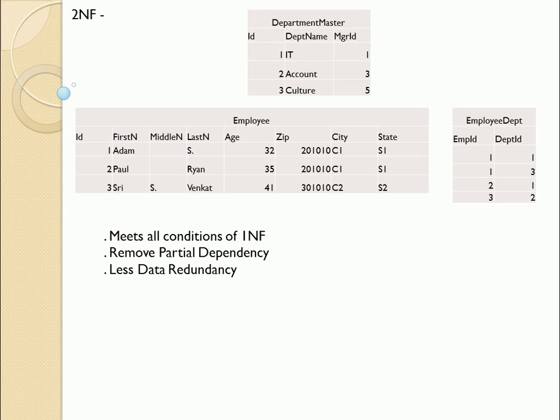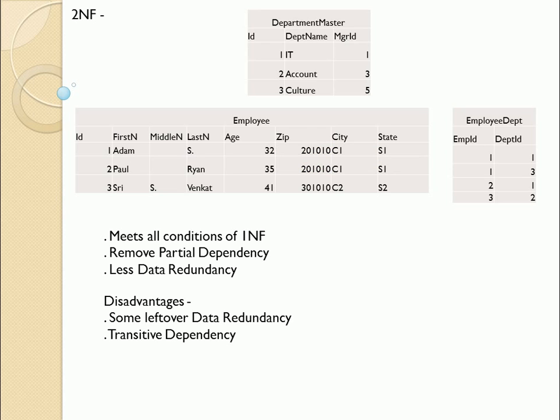However, we have some leftover data redundancy. As you can see, the highlighted data is unnecessarily being repeated. So we are going to remove this data redundancy as a third normal form database.